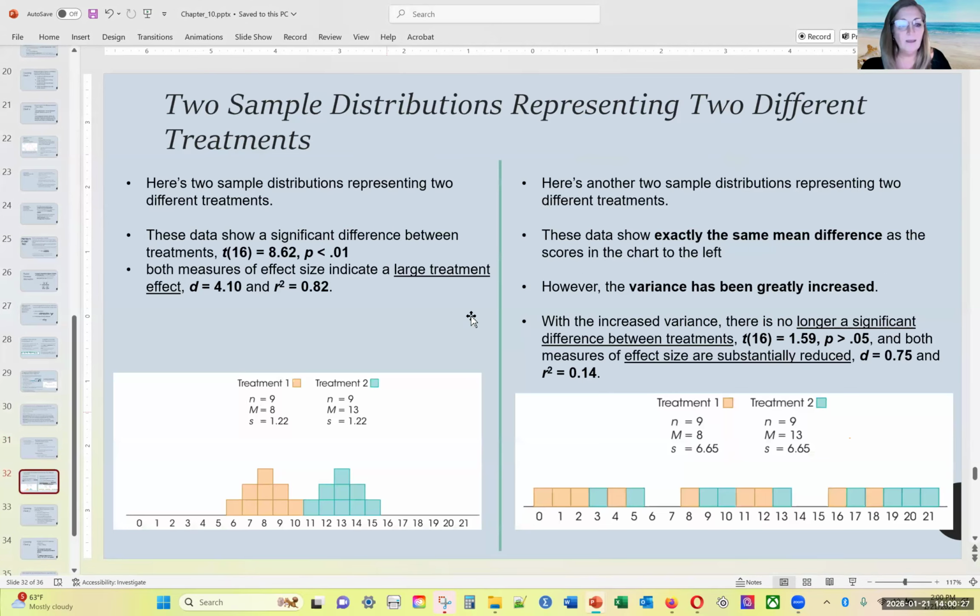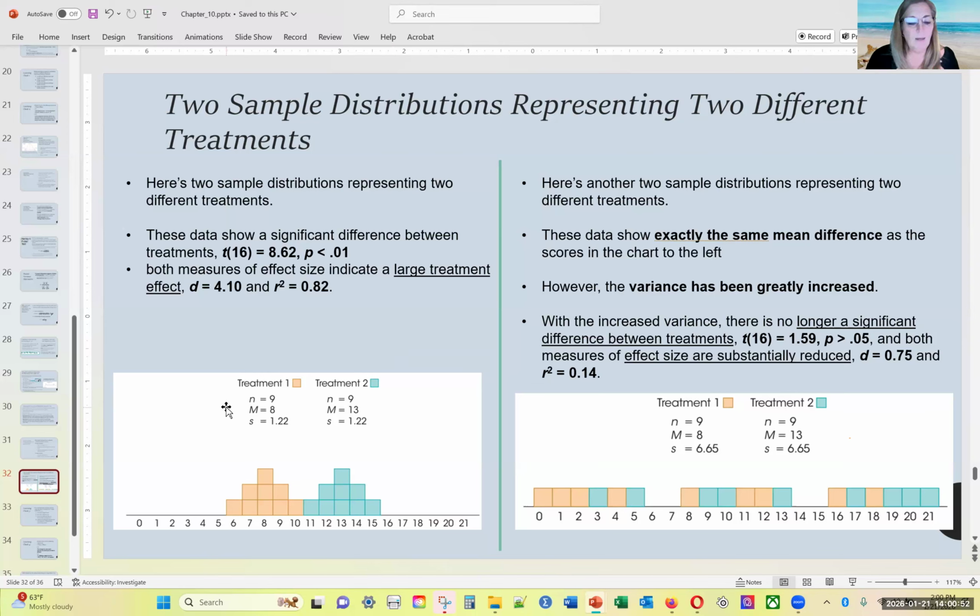Okay. All right. Here we have an example of what more variance looks like if you're comparing groups. So here's two sample distributions representing two different treatments on the left side here, and they show a significant difference between the treatments, right?